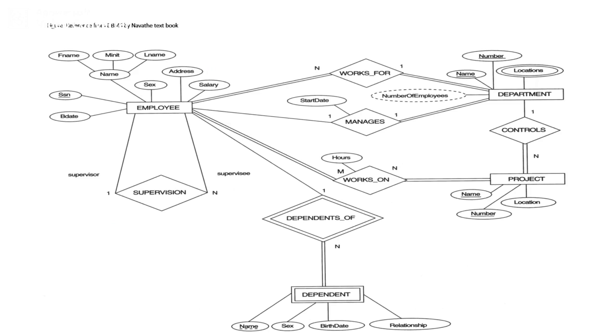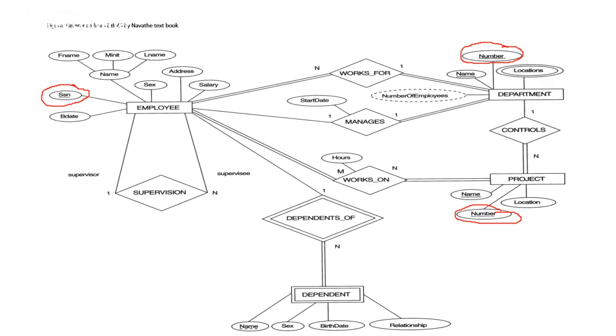You can see this figure gives a clear picture of the strong entities such as employee, department and project. Employee includes the attribute SSN, project includes the project number, and the department table includes the department number.